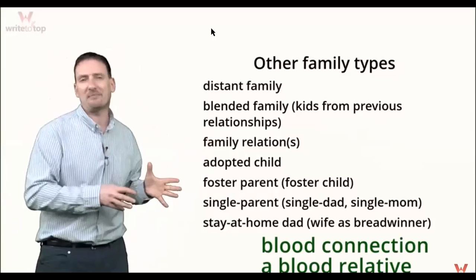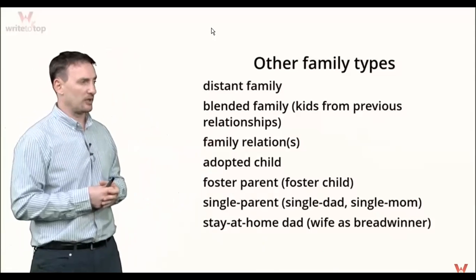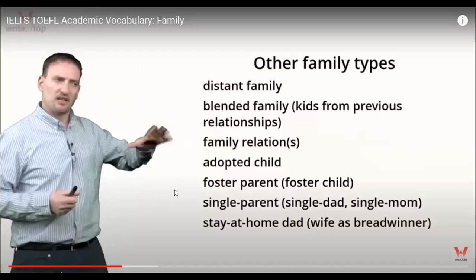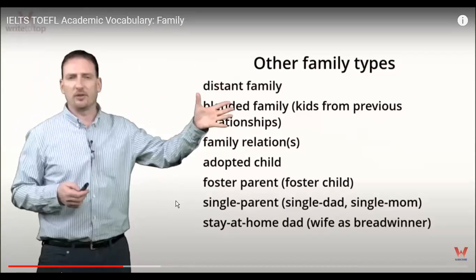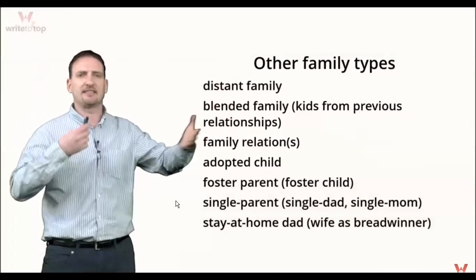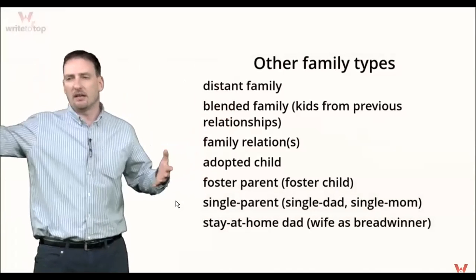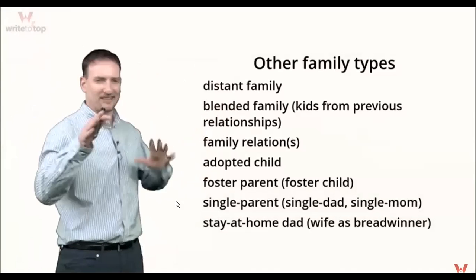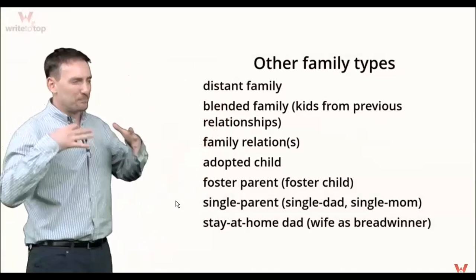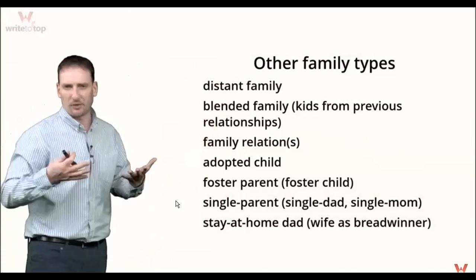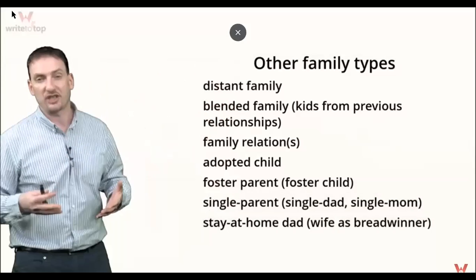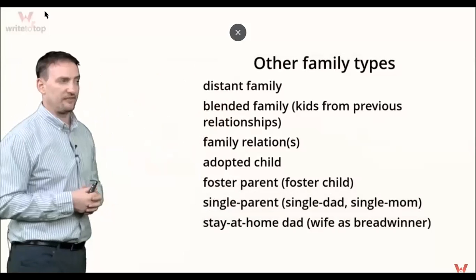They're technically family, but you don't really know this person very well. Then we can say this is a family relation: there is some sort of blood connection, like aunts, cousins, daughters, sons, but you don't really know this person. Blood connection, family relation, or family.